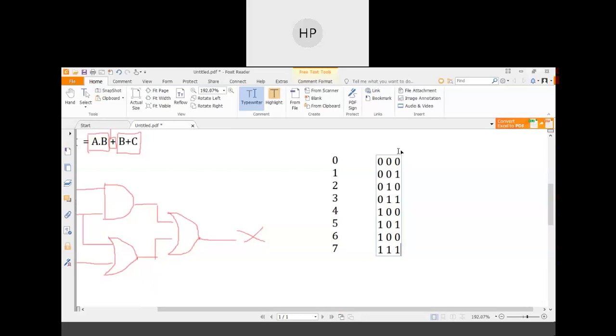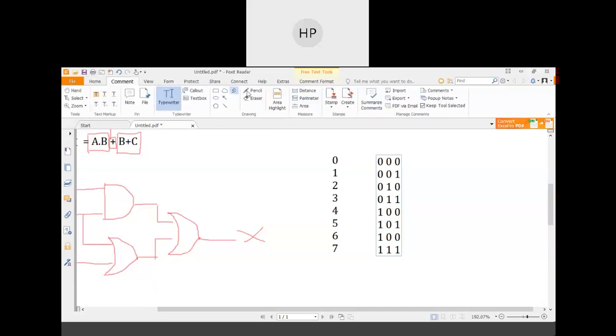We always start with the right hand side column, then work our way towards the left hand side. We start with this column, then we go for the second column, and finally the third column.